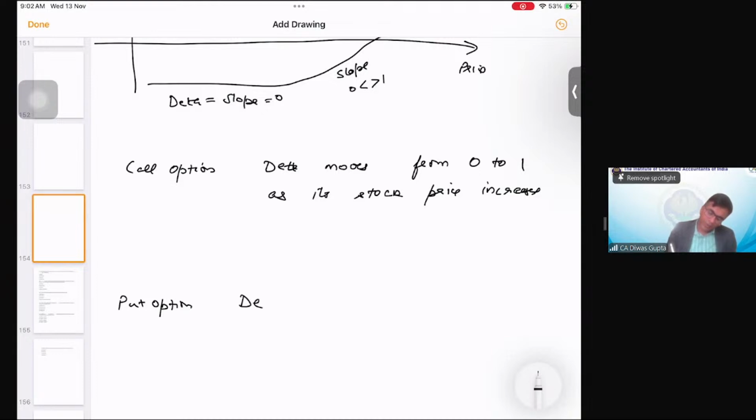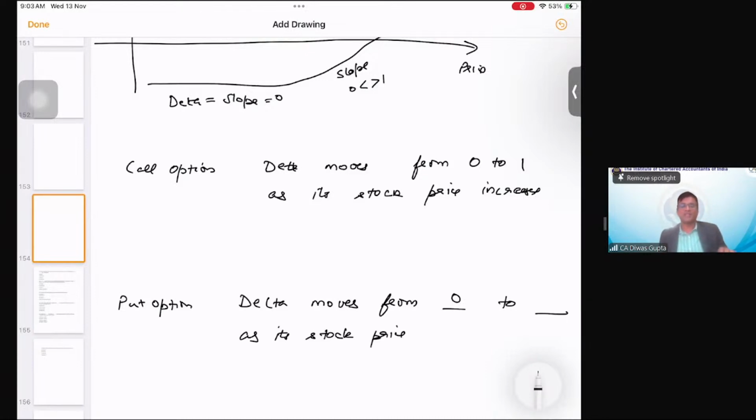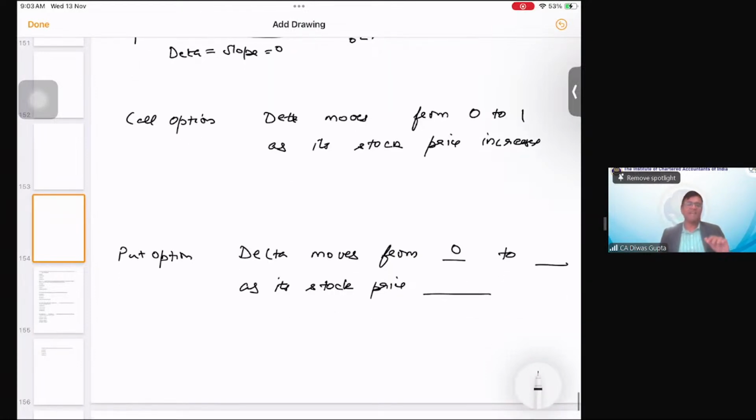Now for put option, delta moves from dash to dash. Let's say this I have filled it for you. Delta moves from 0 to dash as its stock price dash. Come on, students, fill in the blanks. If 0 to 1, then the stock price decrease should be the fill in the blanks.